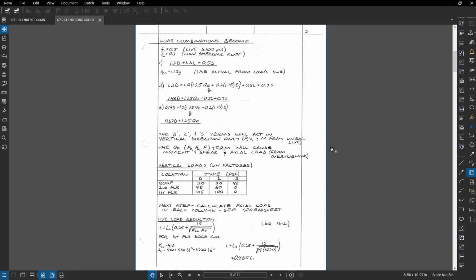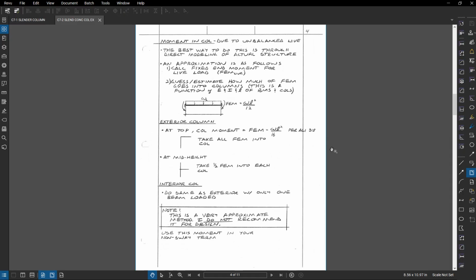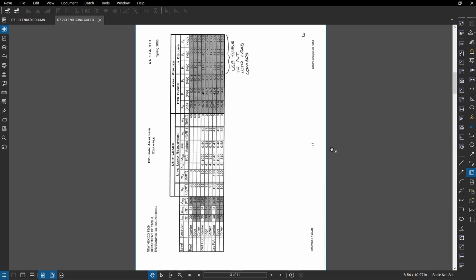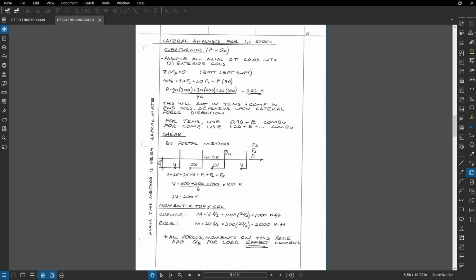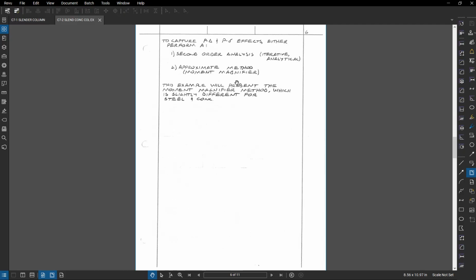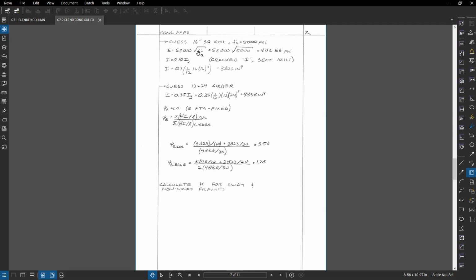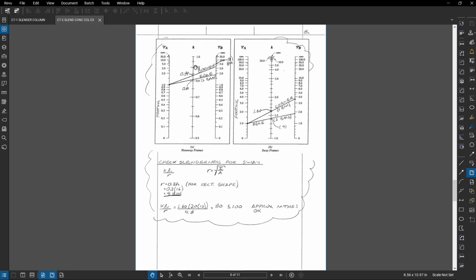For the first part, it goes through loads, load combinations, live load reductions. This is the tracking of the column forces, and then working through these moments, the lateral analysis for the first story, and then this concrete magnification factor.